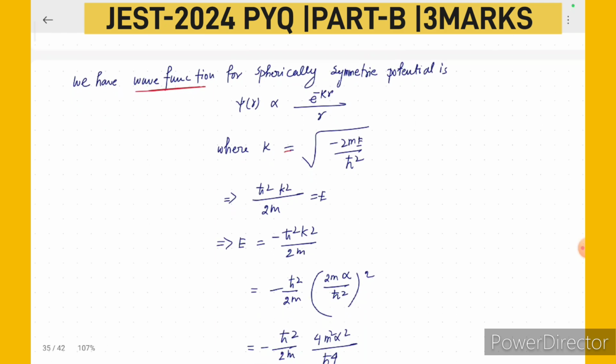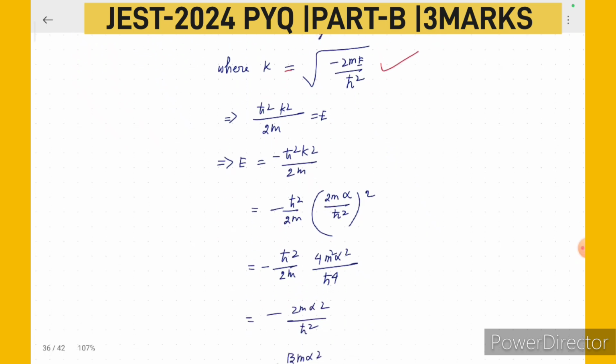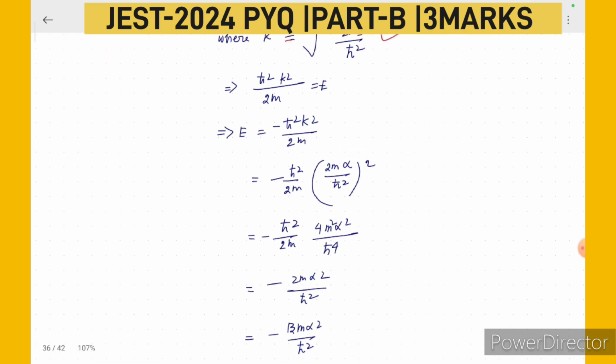Now find the energy value from these expressions. Squaring both sides, ħ²k²/2m equals E, so E equals minus ħ²k²/2m. Now substitute the value of k, 2mα/ħ².